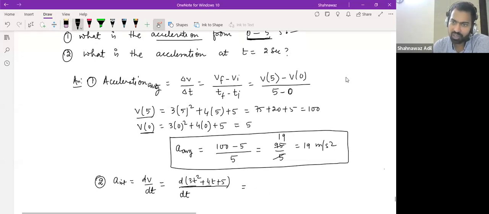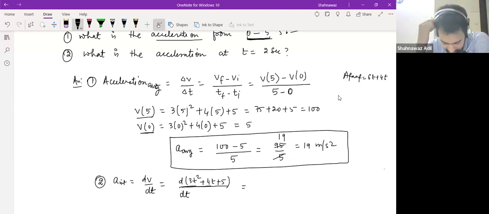Afaf is getting 60 plus 40. Will it be 6t or 6t square? You are calculating the differentiation, so the power would be one less, right?